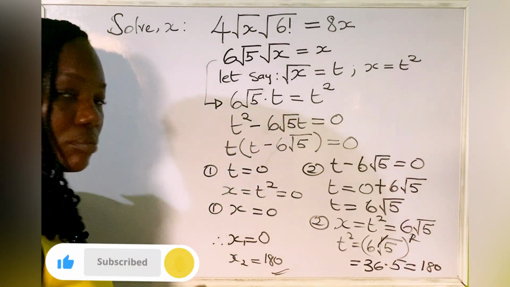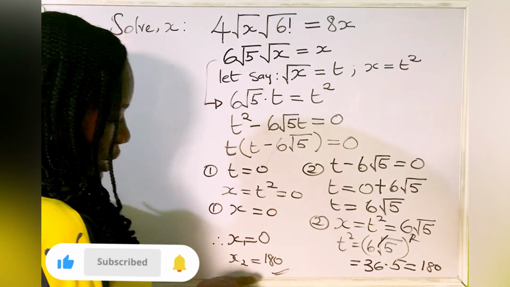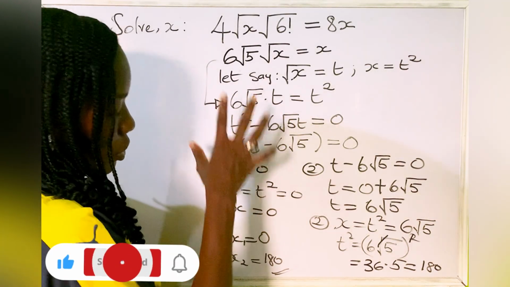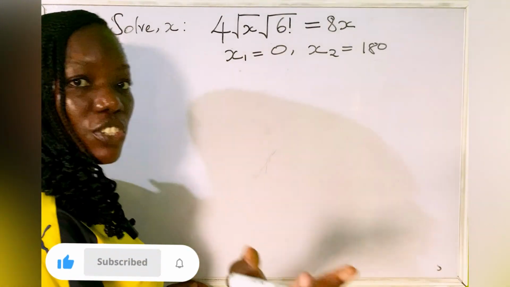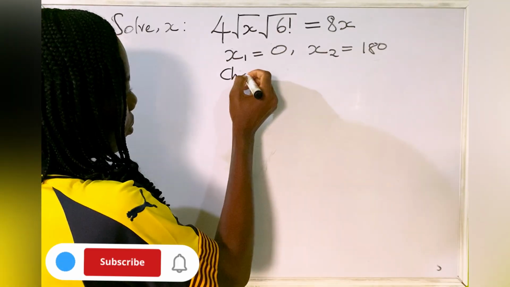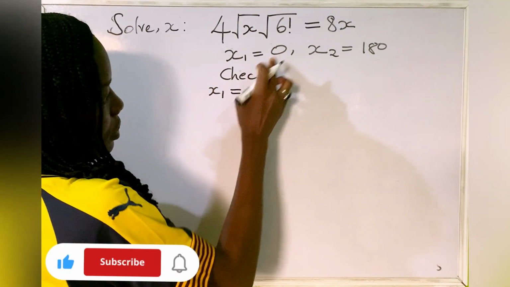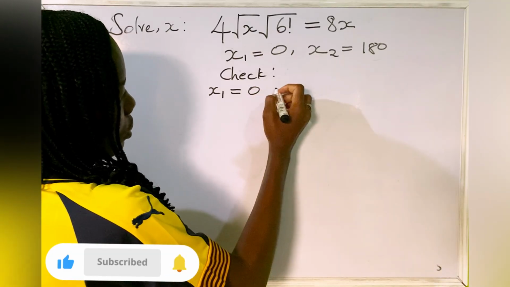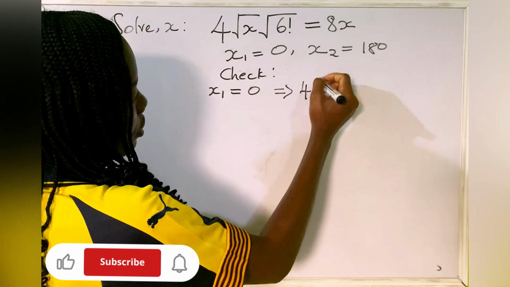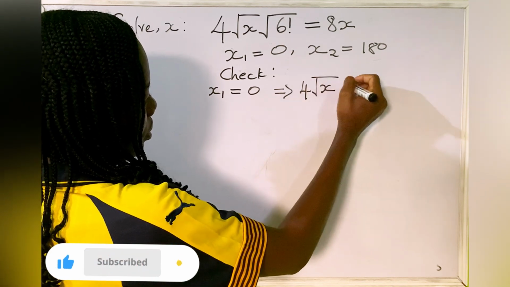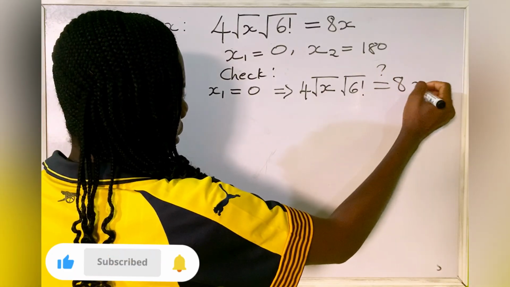This is our answer. But just hold on, let's verify this equation to see if the values of x1 and x2 are correct. So let's plug these answers in. To check for equation 1, x1 is equal to 0, right? So here our question is 4 root x root 6 factorial, is it equal to 8x?